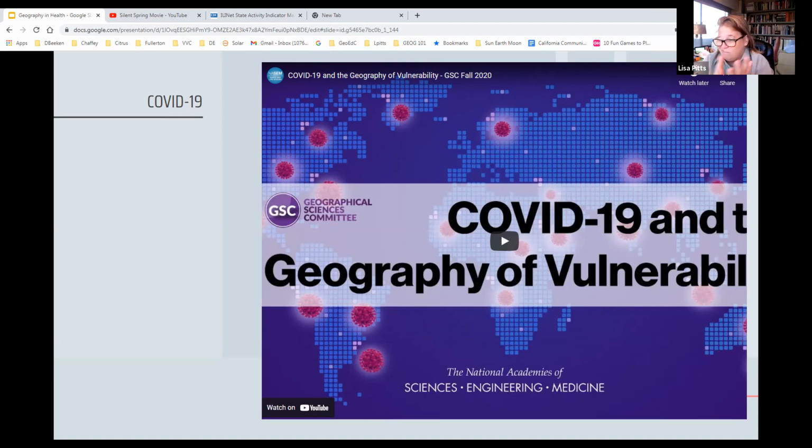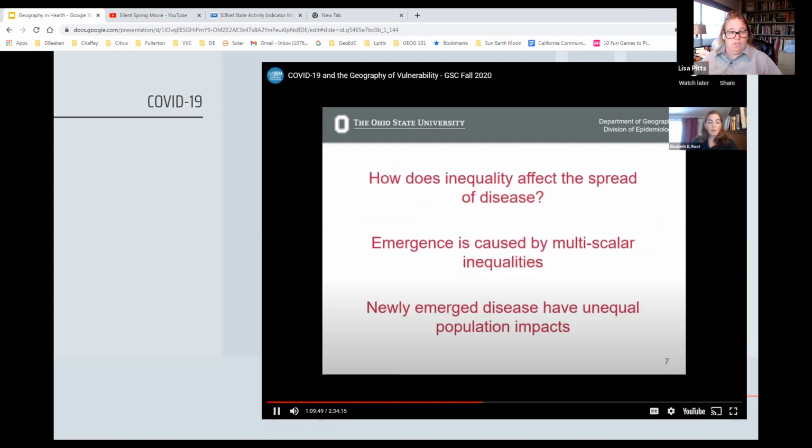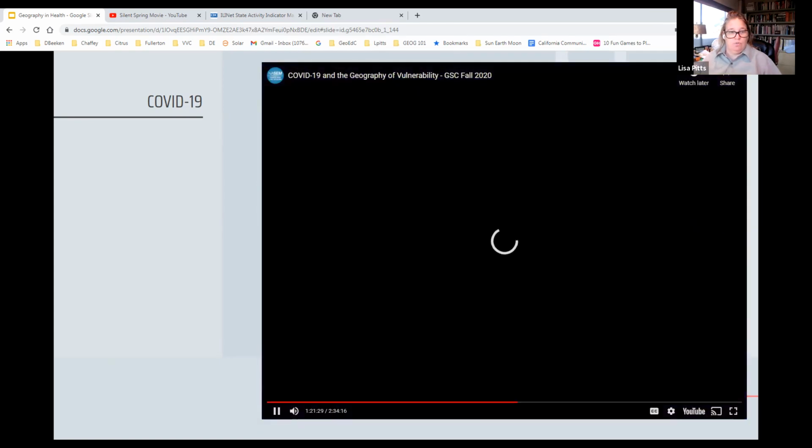They're both about 10 minutes apiece, but they talk about the context of geography mapping and the vulnerable populations and how we might be able to use geography and the geography of healthcare, which is the topic for this week, to really address some of these critical disparities across the United States. So those are those two.